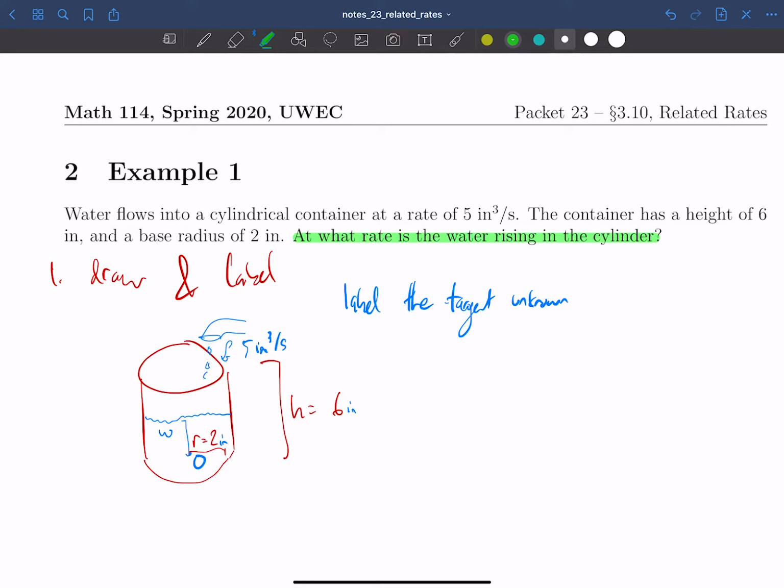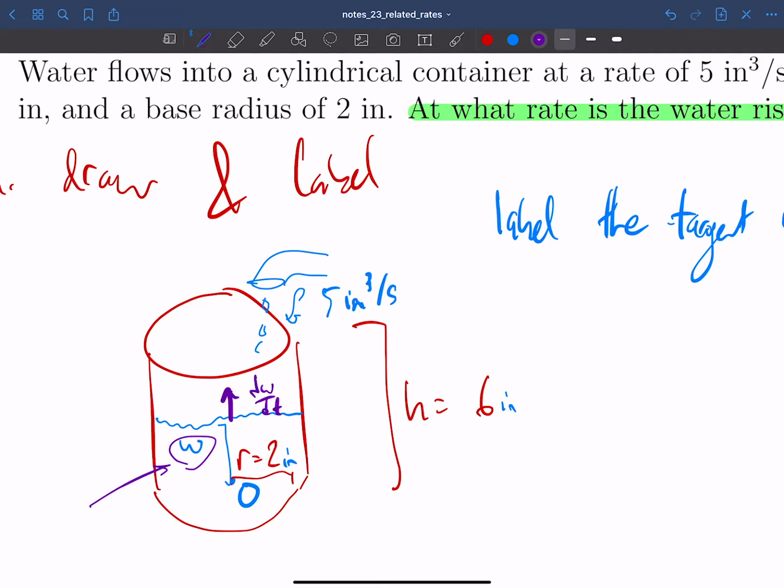We really need to find dW/dt, because W is the height of the water. So our target unknown, the rate at which the water is rising, is dW/dt. I want to find dW/dt.